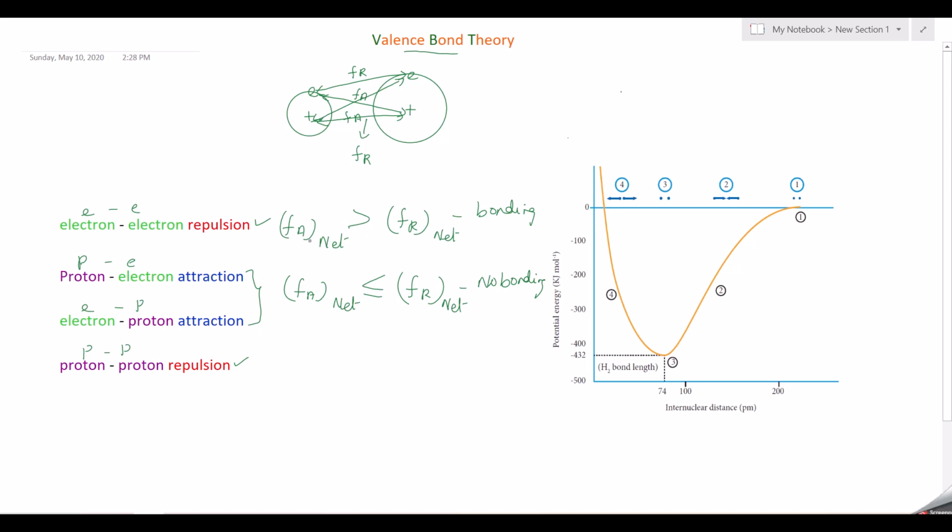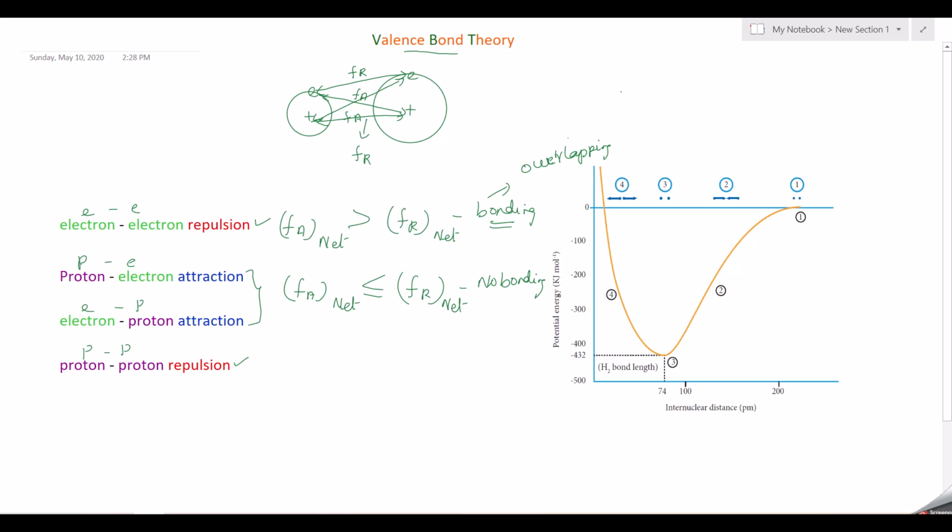Only when you have the net force of attraction greater than the net force of repulsion, bonding is possible. So once you have this condition, the orbitals start overlapping with each other. So the bond will be formed.